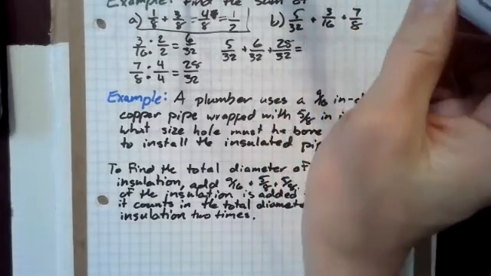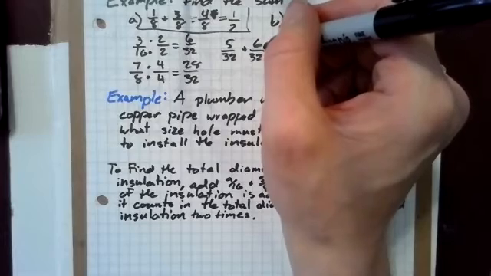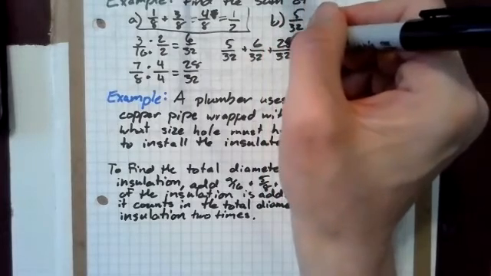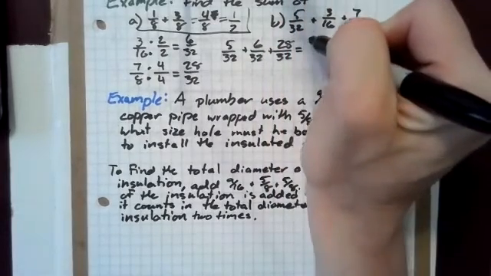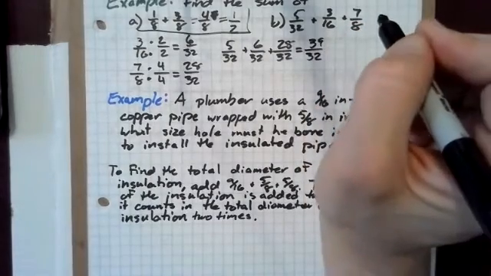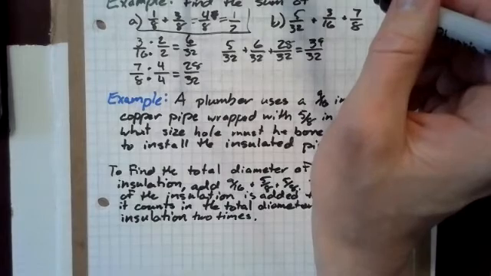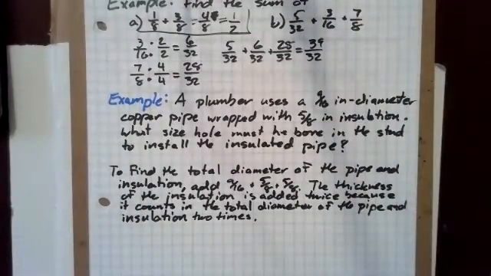Adding our numerators together, we have 5 plus 6 is 11, plus 28 is 39. And then we want to reduce this to lowest terms. Well, that is lowest terms. So in general, this is a fine answer as far as I'm concerned.